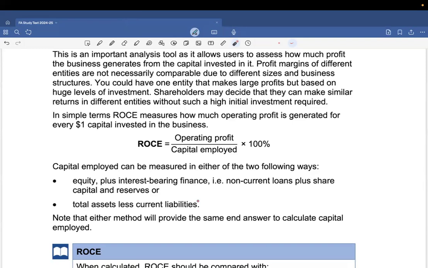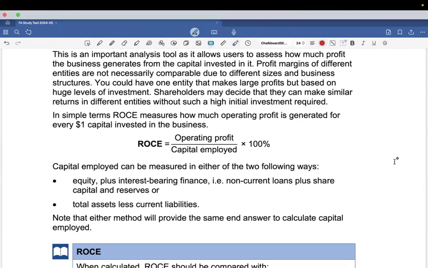Capital employed, what will be included? We have two sources of funds in the business, that is debt and equity. So capital employed is equal to debt plus equity. You can write it down.